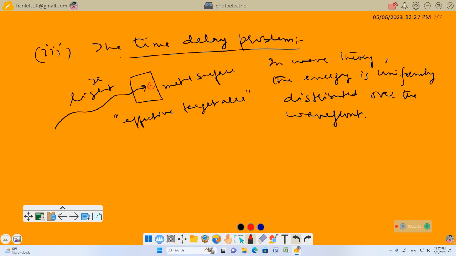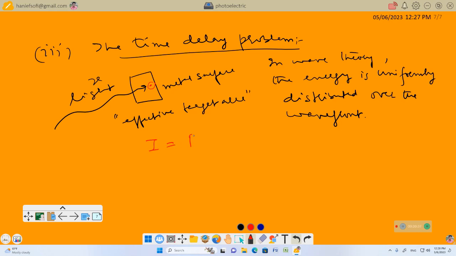So when the wavefront strikes that, the electron can absorb energy from a limited portion of the wavefront because it is available in the limited portion. Now understand this.